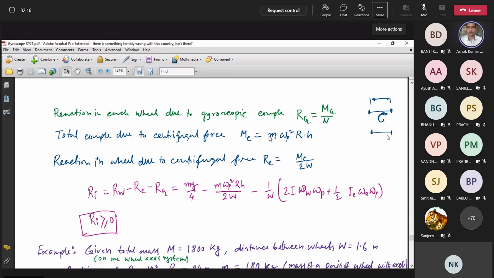So Mc by 2 is the couple in each axle, and since the two wheels in each axle have a distance W, the reaction Rc is Mc by 2W. Are you okay with this?